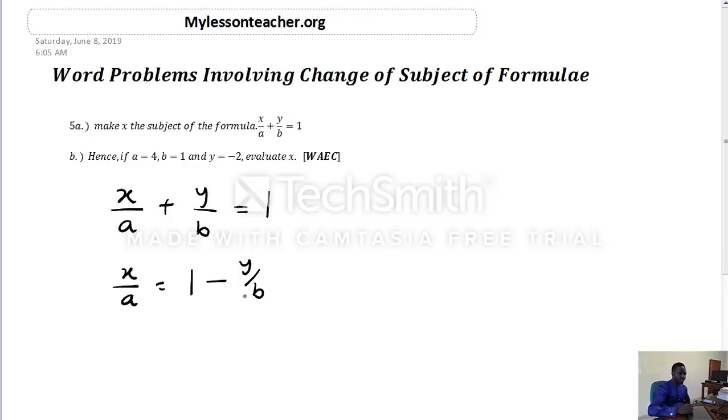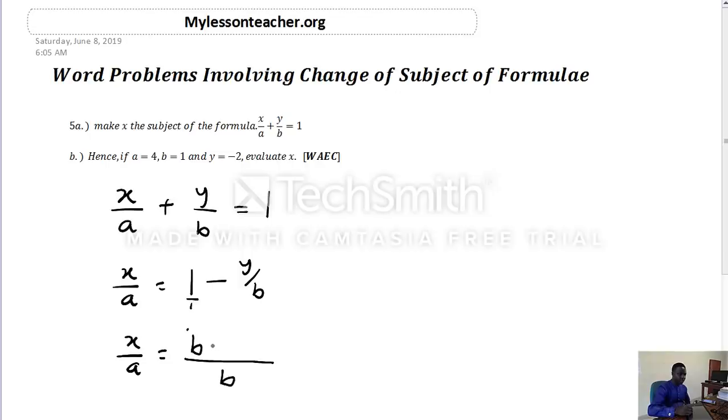I have moved the second part of the fraction to the other side, I'm going to simplify it before I cross multiply, and this will be x over a is equal to 1 over 1 minus this. So I'm going to find the LCM. LCM of 1 and b is b. b divided by 1 is b. b times 1 is b.